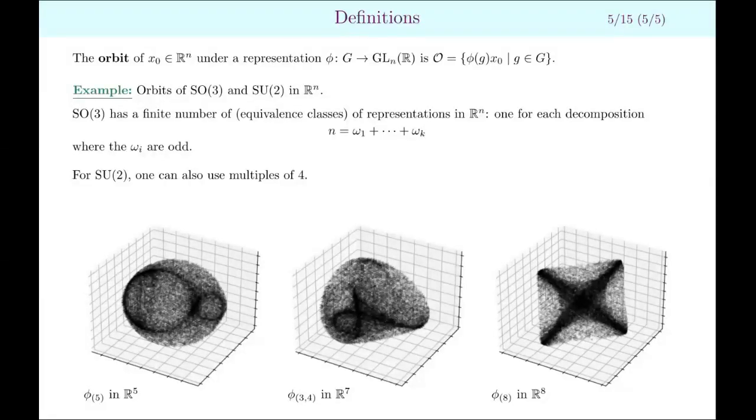So now we can go back to our problem. Say that we observe one of these point clouds, and we want to find the underlying representation. So the first question we have to ask is, can we even identify this representation? This is a problem of identifiability.